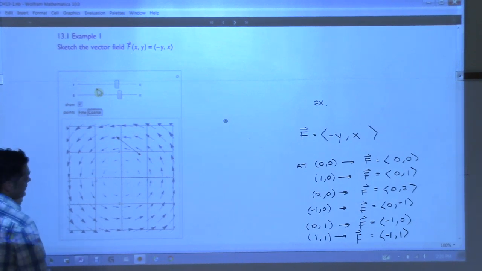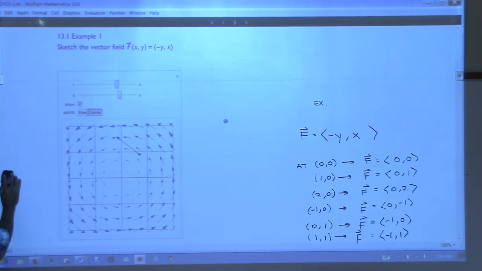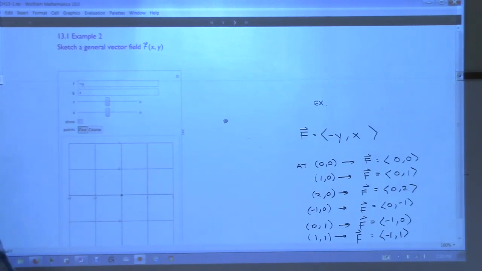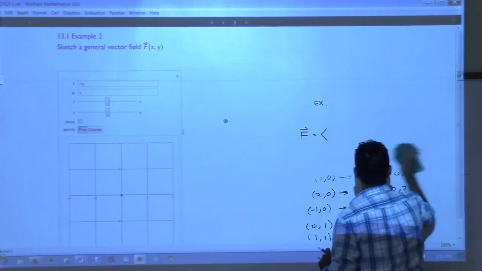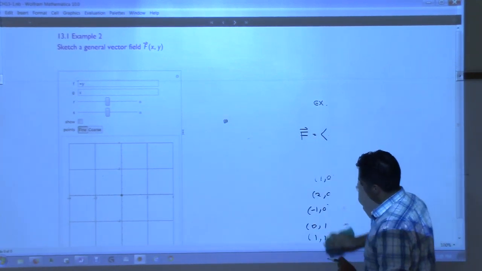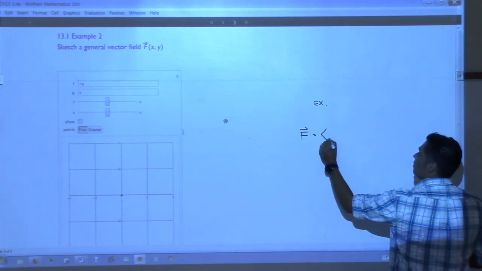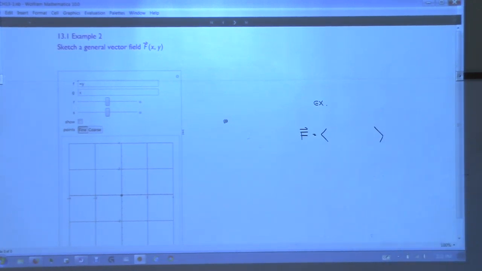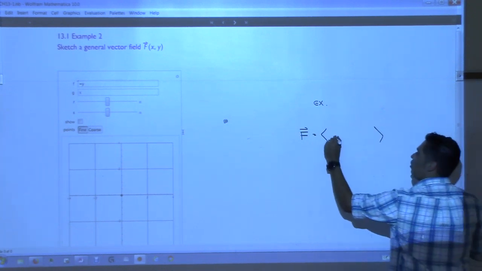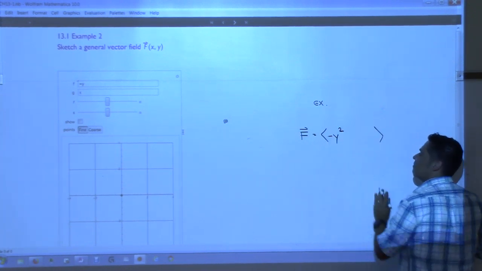Let's do a different vector field, all right? But I'm going to do one where we get to make it up. Any vector field you want. So who wants to make up a vector field? What do you got? Negative y squared, and 3x.